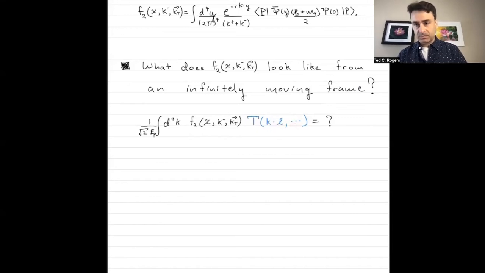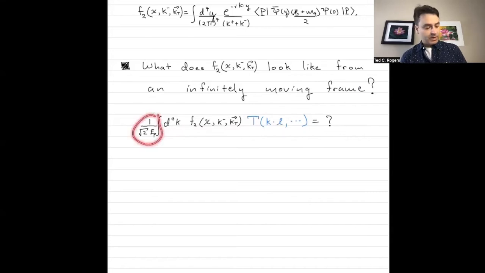Remember, I'm trying to make this, again, as general as possible. So there's a function of a bunch of external four momenta dotted into K, our parton momentum, and multiplied by the parton density that we've defined so far, and integrated over the forward volume.